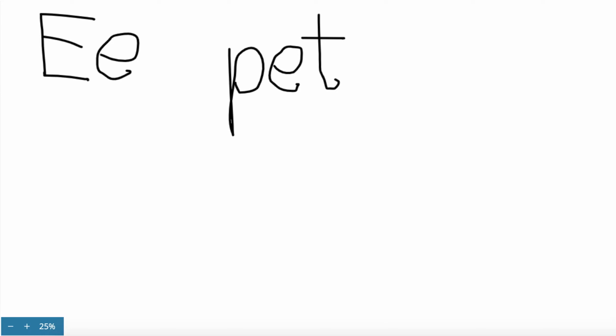Fantastic. Now, what happens if I suddenly add the magic silent E at the end? How am I going to read this word now? Just like the example before, the E at the end does not make a sound, but it changes the sound of this vowel here.